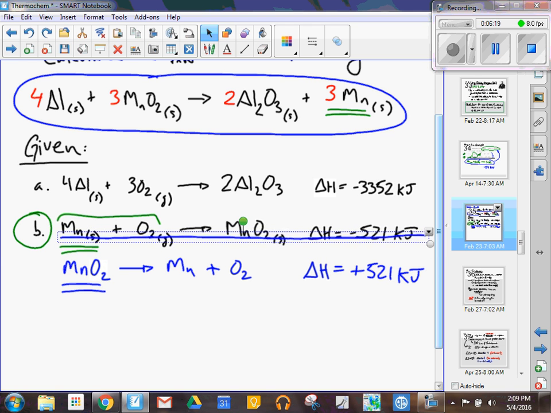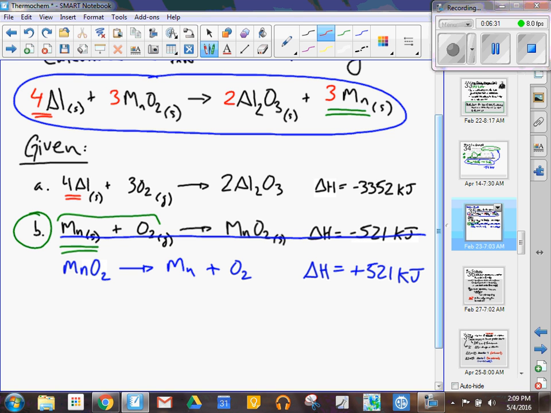So now we have almost gotten to the point where we can add up these two reactions. However, notice there's some coefficients that I have to worry about. For aluminum, I've got a 4 up here, I've got a 4 here, that's okay. Aluminum oxide, same thing. The manganese 4 oxide, however, I need a 3 here, I need a 3 for the manganese, which is over here.